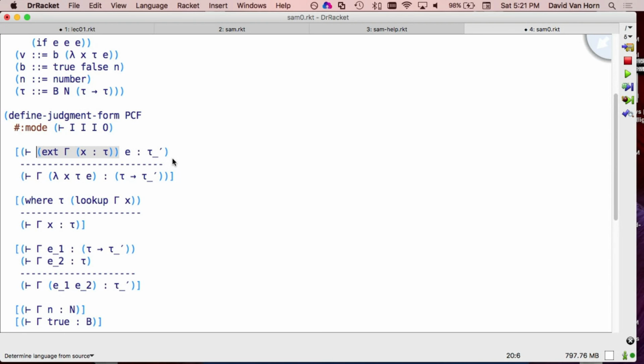So it's like I'm making a recursive call with some subcomponents of the input I was given, and I get back a result which matches tau prime. Then the output that I want for the whole thing is the type tau to tau prime.